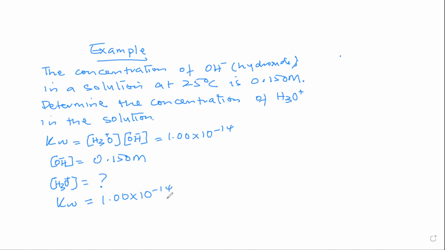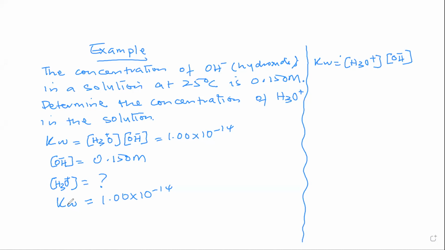With this information, I think this is pretty straightforward. Let me draw this line here so it's cleaner. Kw is hydronium concentration times hydroxide concentration.